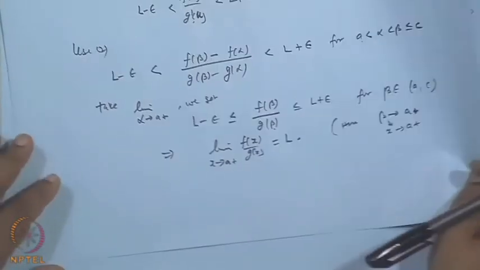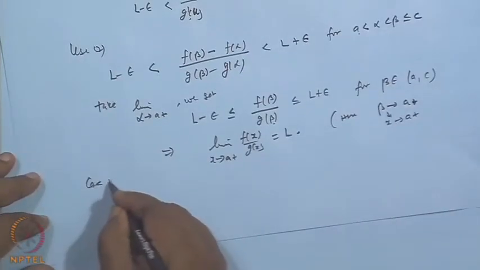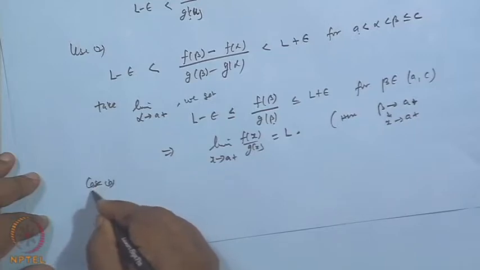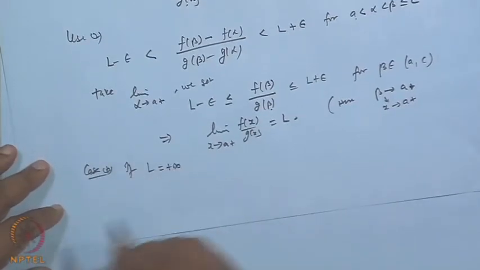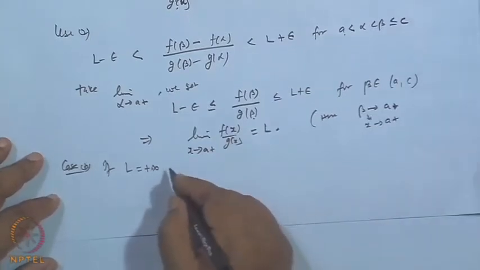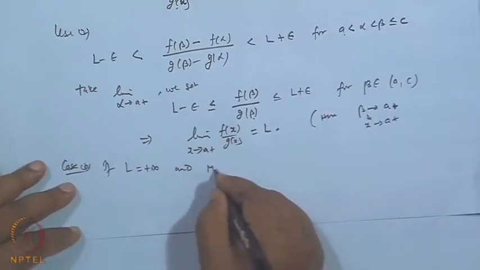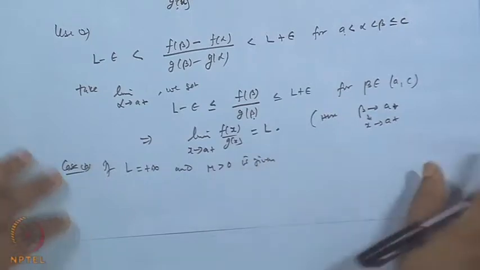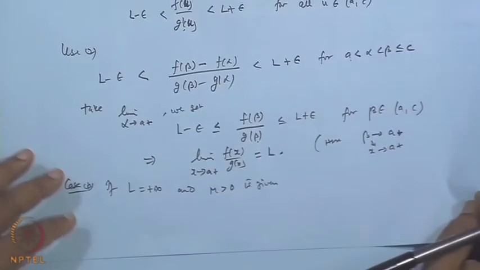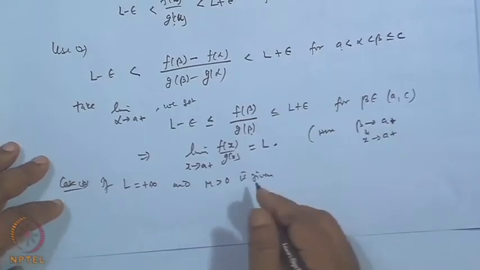The second case, when L is plus infinity. If m is chosen greater than 0, because the limit is given to be L, which is infinity. What do you mean by this?